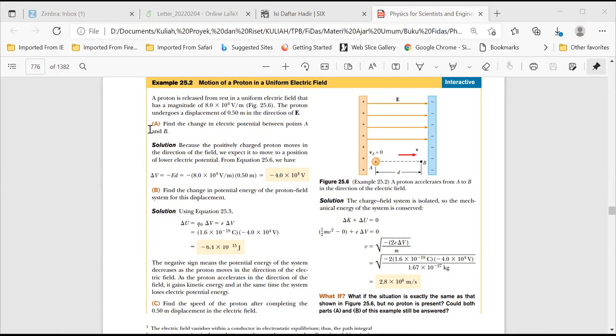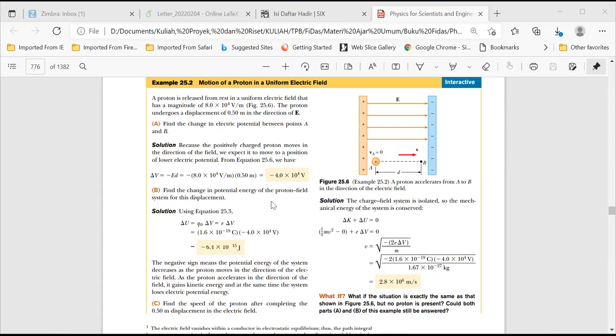Question A: find the change in electric potential between points A and B. We use the above formula, delta V equals minus E times D. So the electric potential change is minus 4 times 10 to the 4 volt.